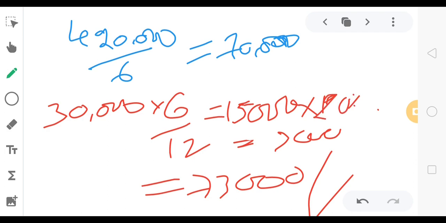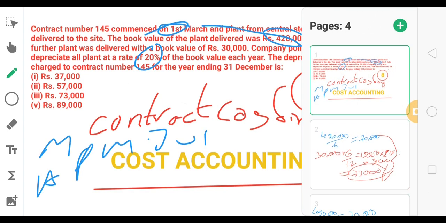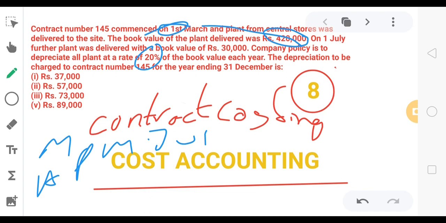So depreciation we calculate at 20%. So we got 3,000. So finally the result is 3,000. Both added, we get 73,000. This is the depreciation for the year. So we need to calculate it here for the year. So we see here it is calculated. I hope you understand it.